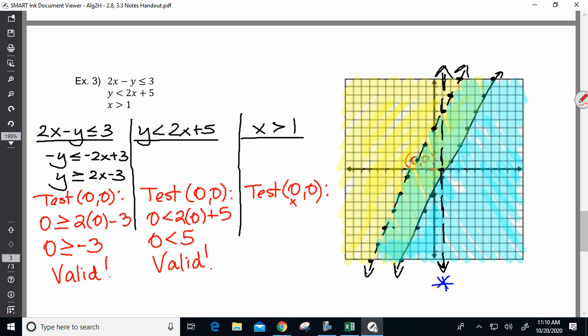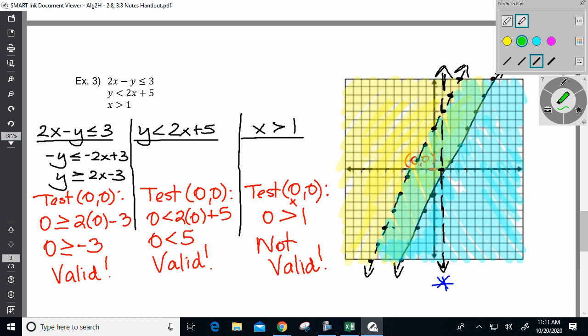So x is 0, but 0 is not greater than 1. That's not valid. So, since it's not valid, I'm not going to shade on the left. I'm going to shade to the right. So this shade will be in the pinkish color.